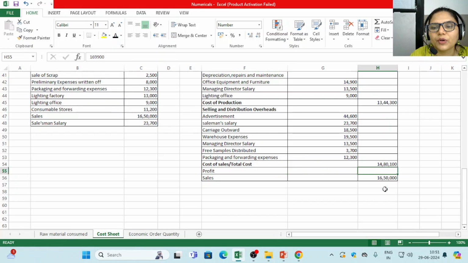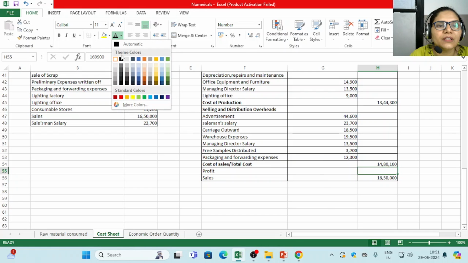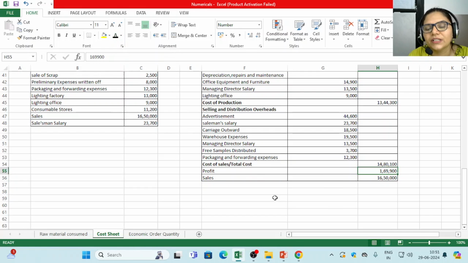Here we are incurring profit because after deducting 14,80,100 from 16,50,000, we are getting a positive value. If sales would have been less than the cost of sales, definitely the figure resulting will be a loss for the organization. Here we are earning profit of 1,69,900.